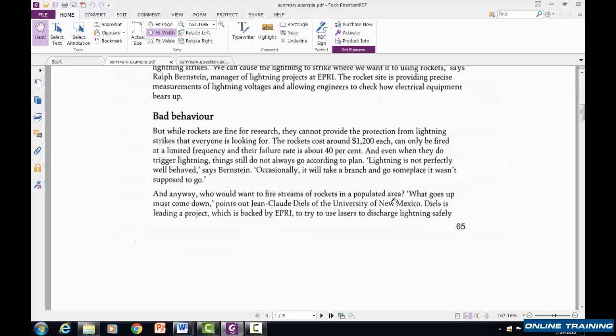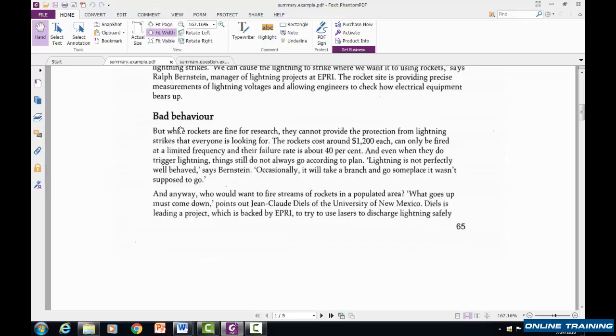Okay. I decided to look under this paragraph that says bad behavior because if it's talking about bad behavior, that's usually talking about something negative, and I'm looking for an object that's less dangerous than a laser.